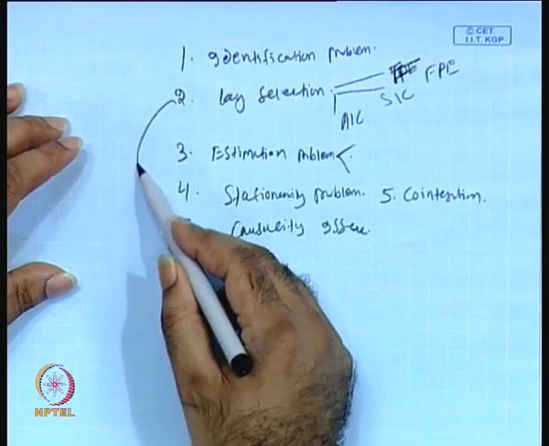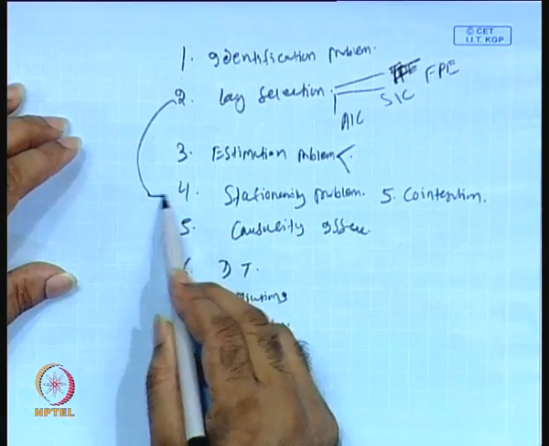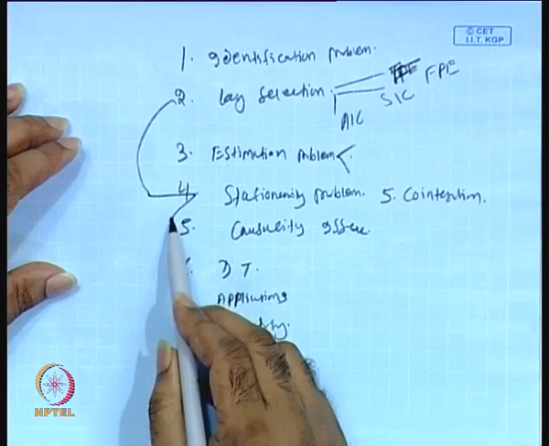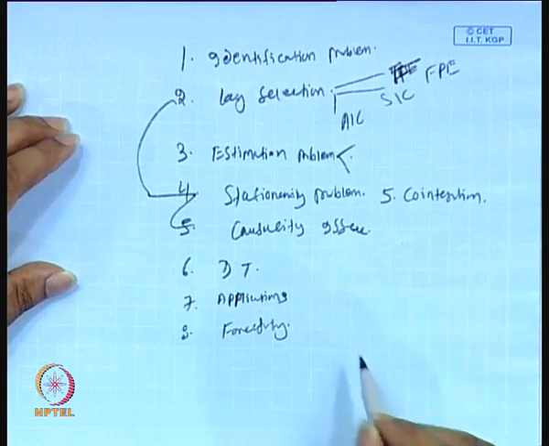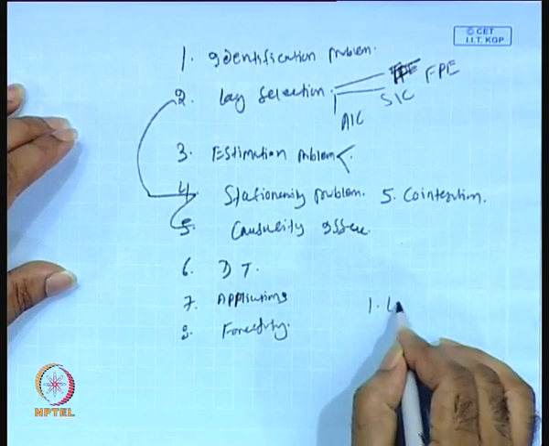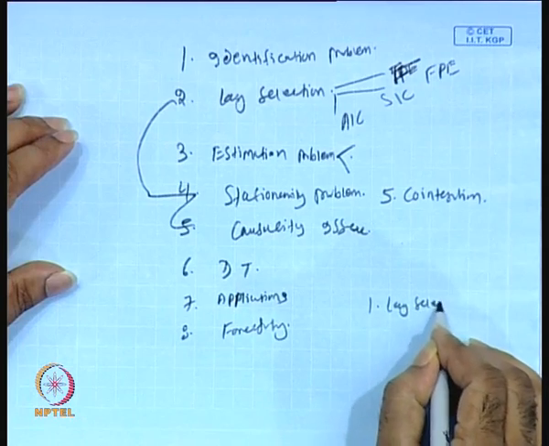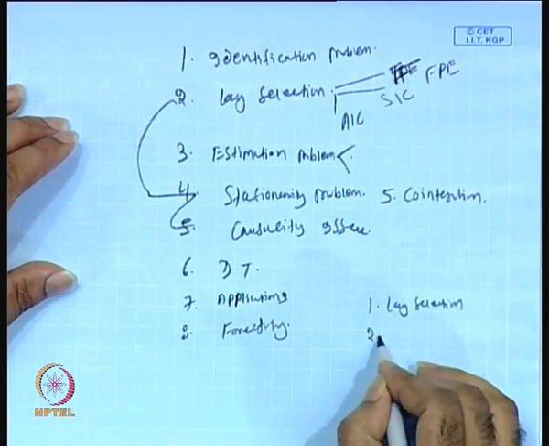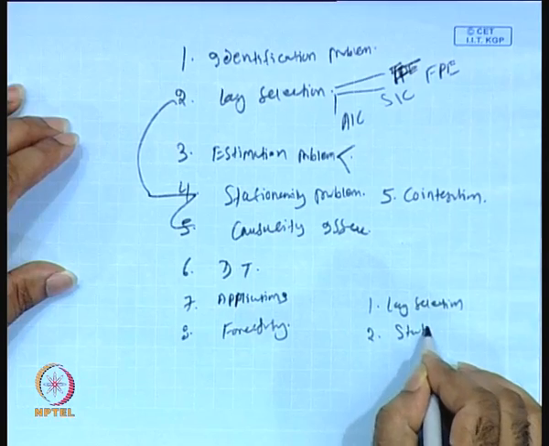So this is the standard process of any econometric modeling, but here in the time series framework the major things are lag selection, stationarity problem, co-integration and causality.